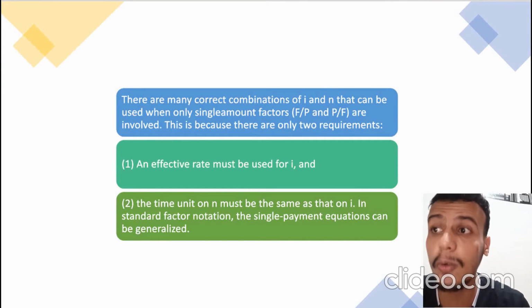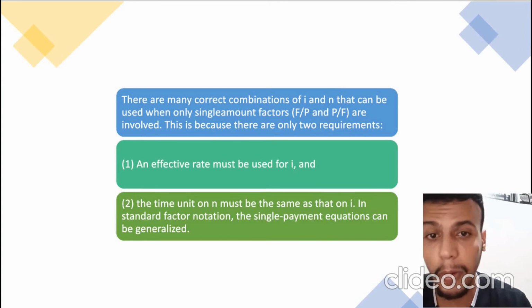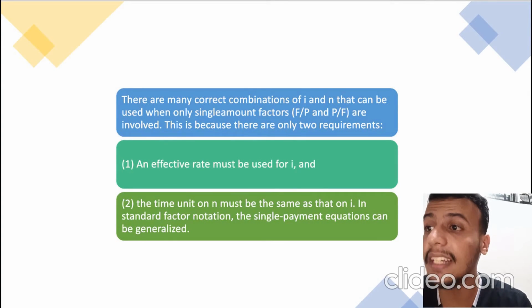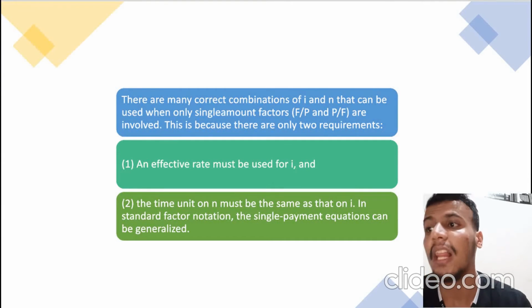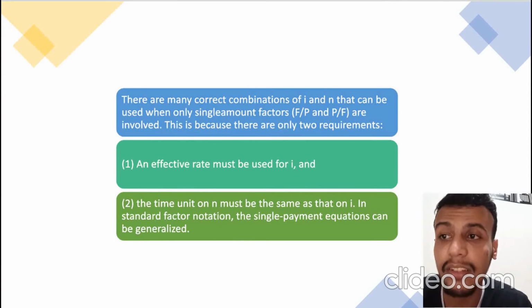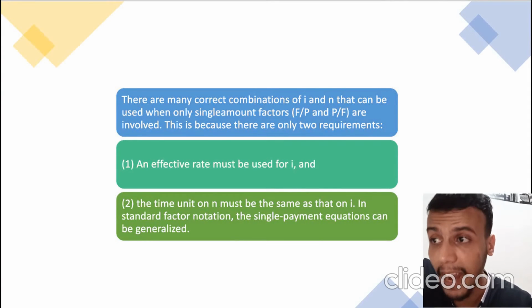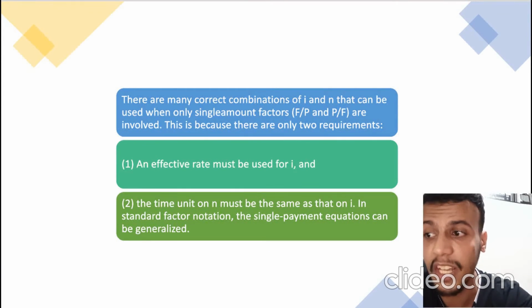This is because there are only two requirements. Number one, an effective rate must be used for i, and the second one, the time unit on N must be the same as that on i. In standard factor notation, the single payment equation can be generalized.